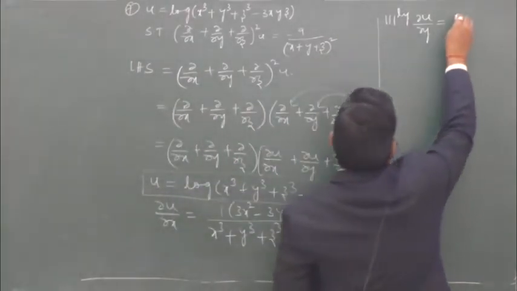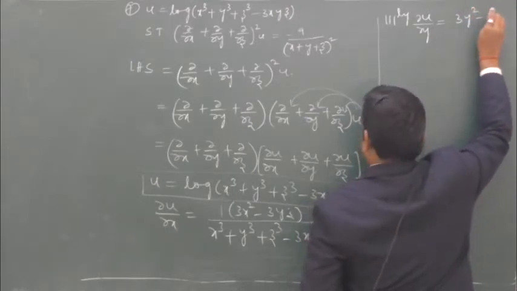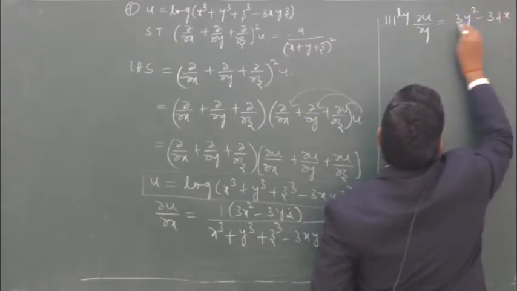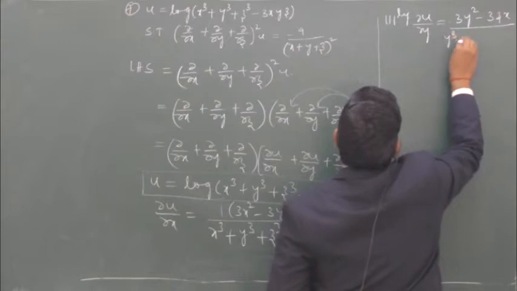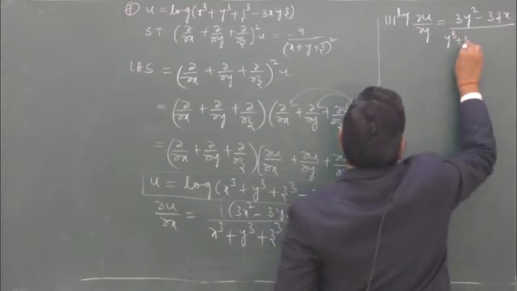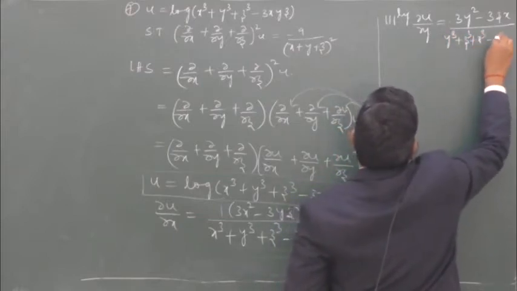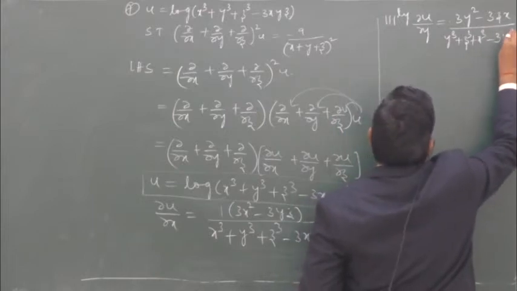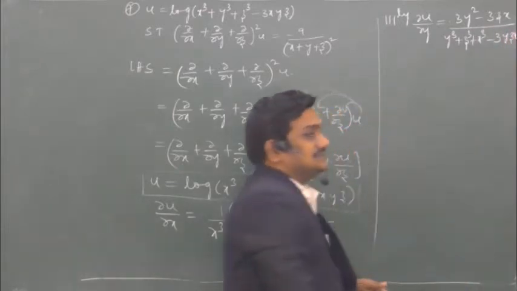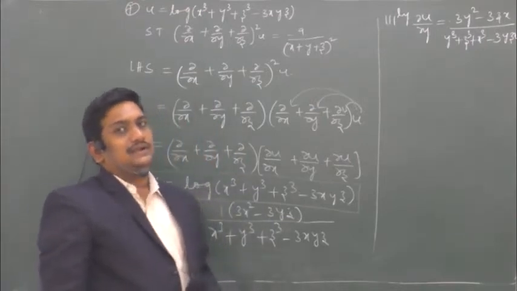So it will be (3y square minus 3zx) by (y cube plus z cube plus x cube minus 3yzx).